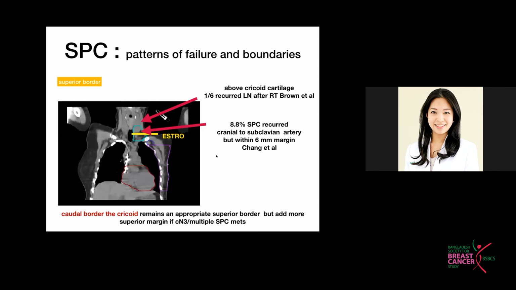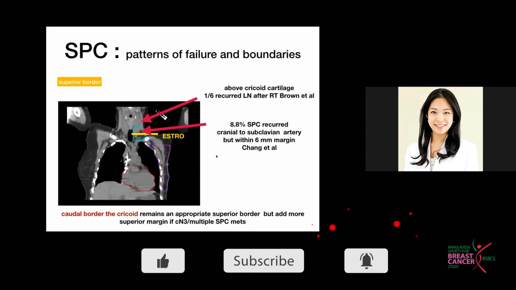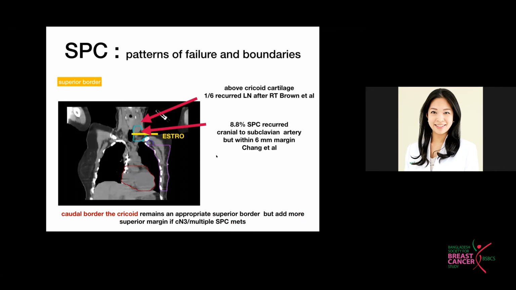So this is what I do in my practice. For the superior border, the caudal border of the cricoid cartilage is still the appropriate border for the supraclavicular field. But if the patient presented with multiple supraclavicular nodes, with N3, it does make sense to add more superior margin to the cricoid cartilage.